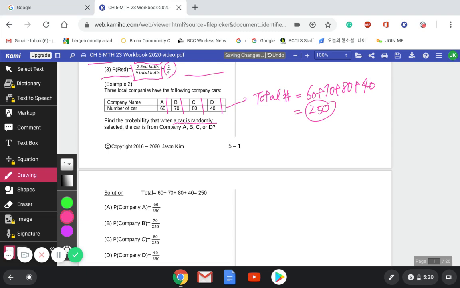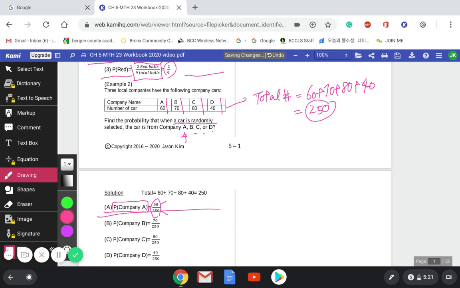The probability that you choose one car that belongs to company A would be the number of cars in company A, which is 60, out of the total number of cars, 250. So that would be the probability of choosing a car from company A. That makes sense, right?